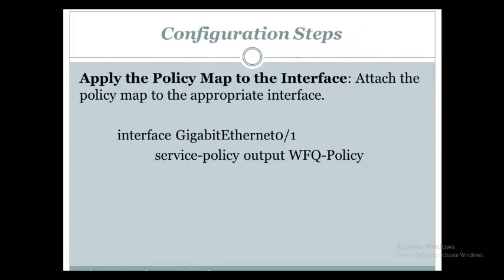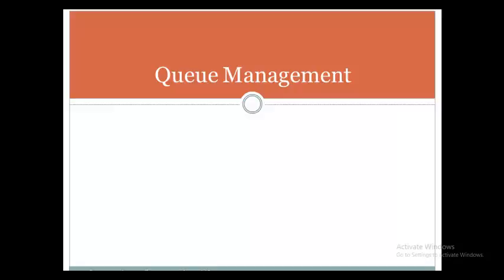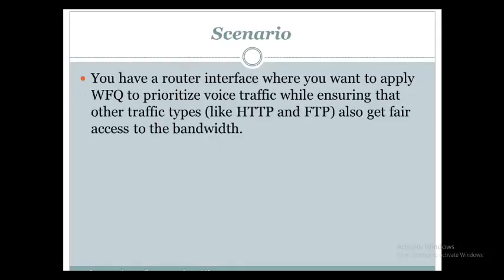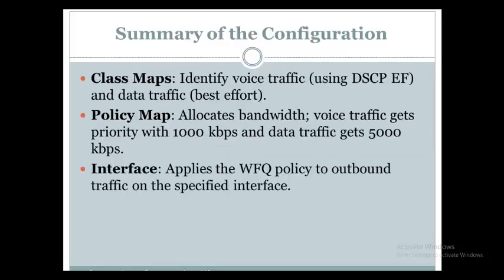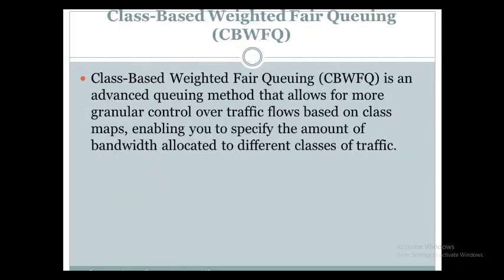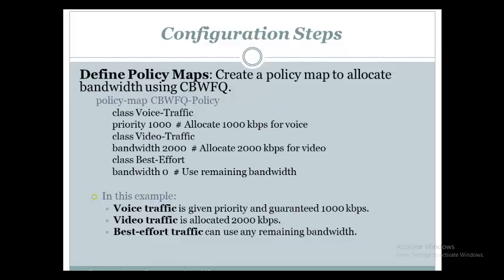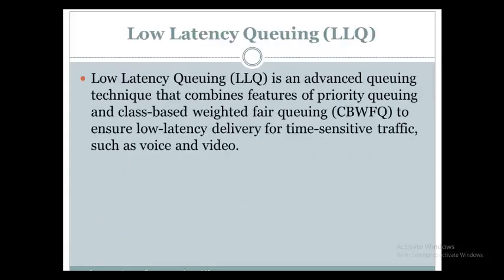It will come when you go to CB, class-based weighted fair queue. See, weighted fair queue example also uses EF here, and then class-based weighted fair queue CBWFQ will also use DSCP values. For this only we have learned DSCP, which you learned today in the beginning, and we will be using it in our next class.